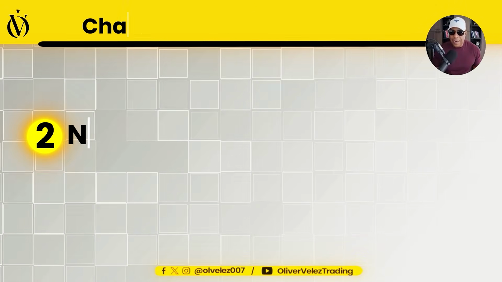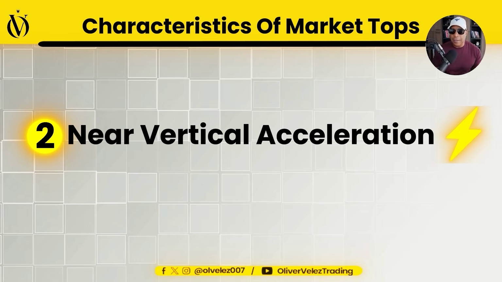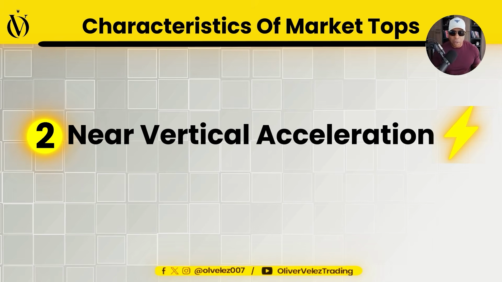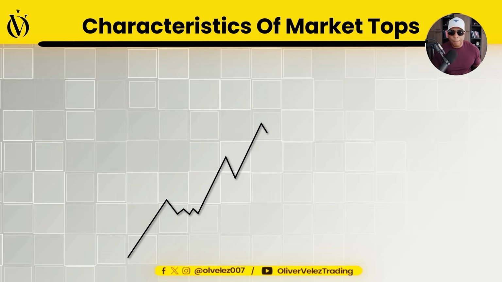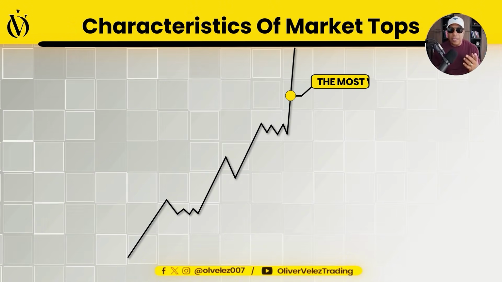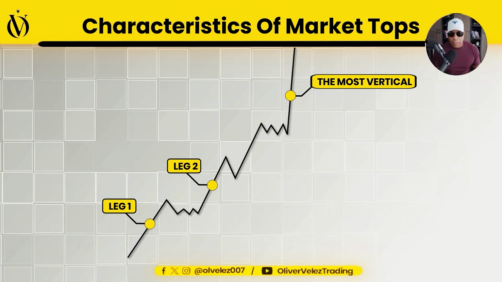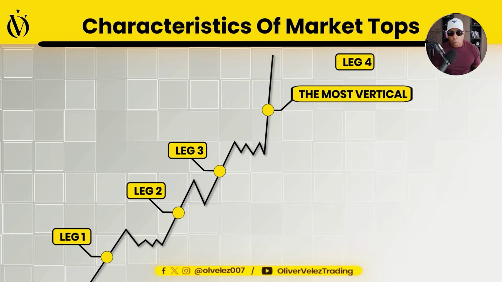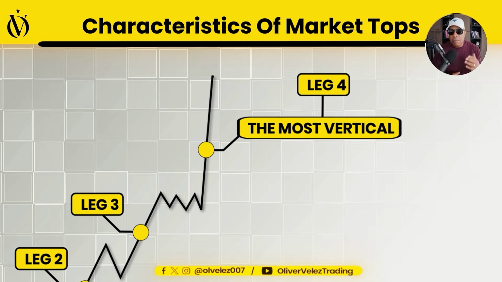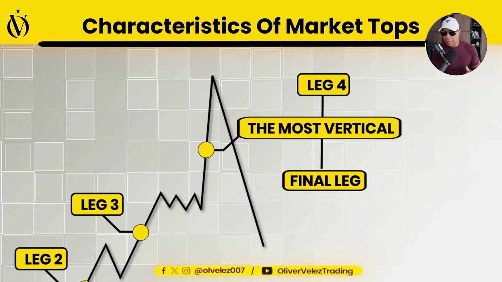They're profit-taking legs. Characteristic number 2, near vertical acceleration toward the end. So if you've got this multi-leg run-up, 1, 2, 3, if this leg is the most vertical of all the other legs, here's leg 1, here's leg 2, here's leg 3, and leg 4 winds up being the most vertical, that's high odds that that's the final leg.